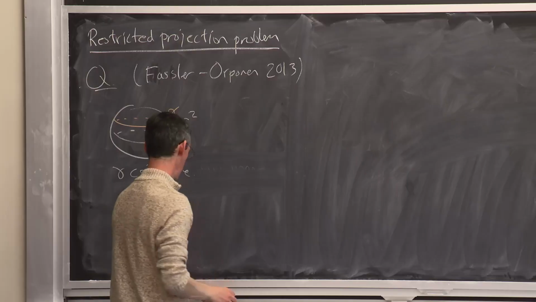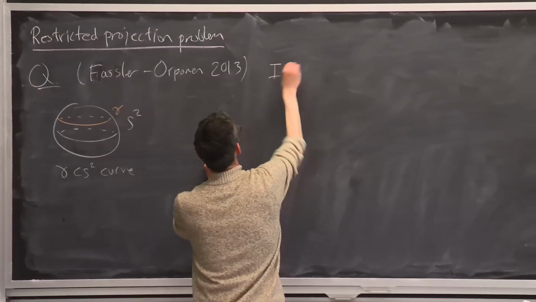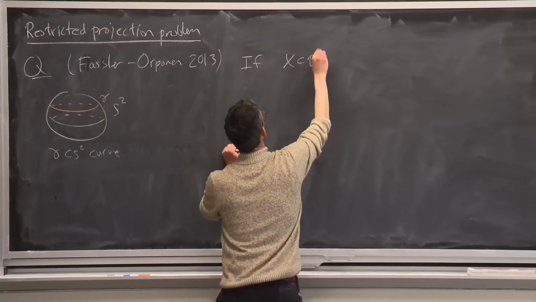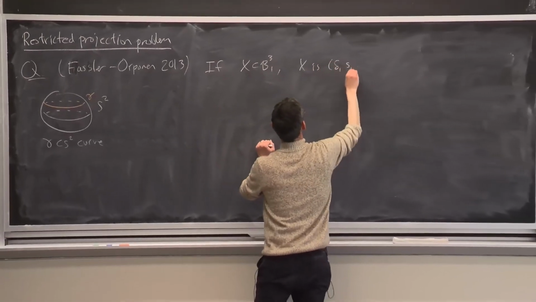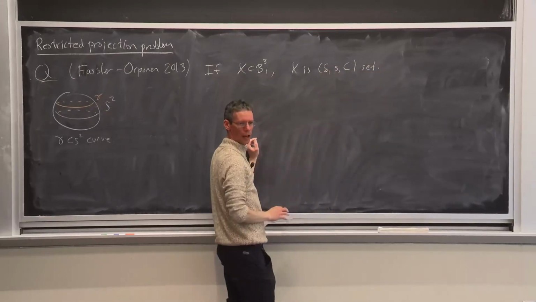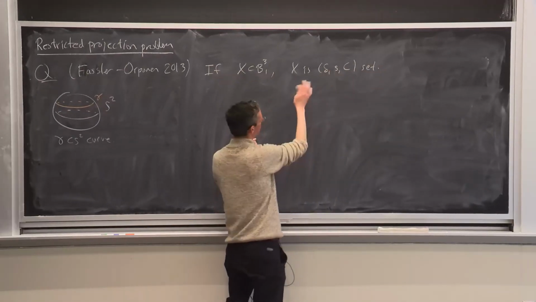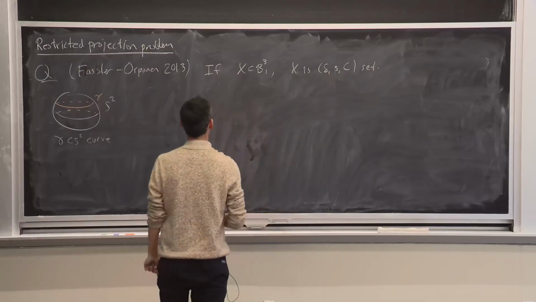OK. The question is like this. If X is contained in the unit 3-ball, and let's say X is a delta-s-c set, to make it interesting, we put some kind of non-concentration condition. And this is the one that they had in their paper, basically. OK.